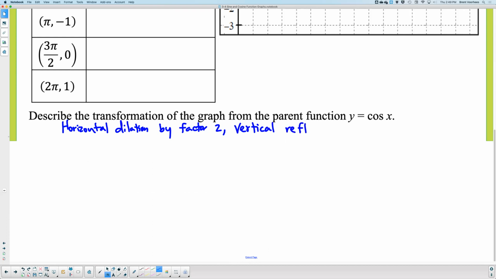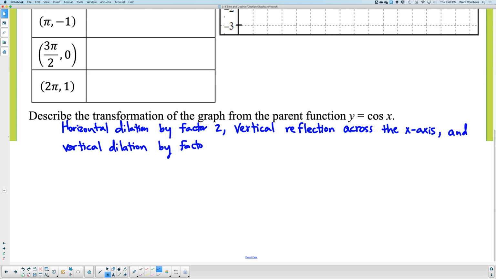And what axis will that reflect over? Across the x-axis. The vertical reflects across the x-axis. And you'll have a vertical dilation by, how much were we multiplying by? Okay, so that would also occur.